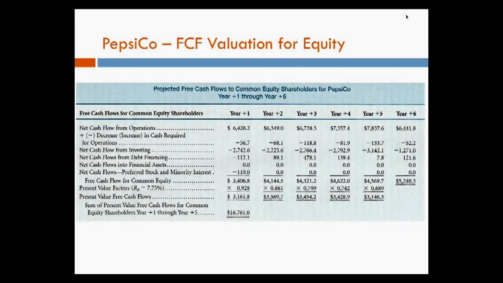Cash flow from debt financing. And there was a little bit of preferred stock here in year 1. So we now have free cash flows for the equity shareholders each year.